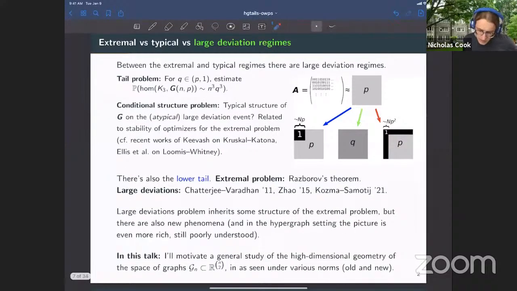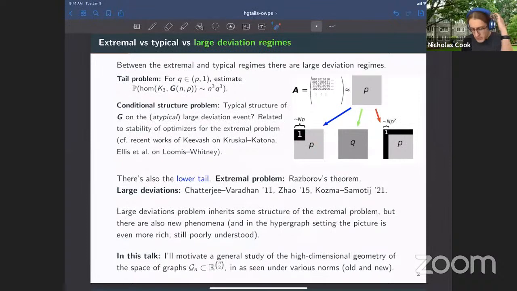These in-between regime large deviations problems are interesting because to some extent they inherit some structure from the extremal problem. For instance, as Amir discussed, one mechanism for creating lots of extra triangles is to deviate from a typical looking Erdős-Rényi graph, which will have an adjacency matrix or graphon looking like this, to something that looks like this, where you plant a clique.